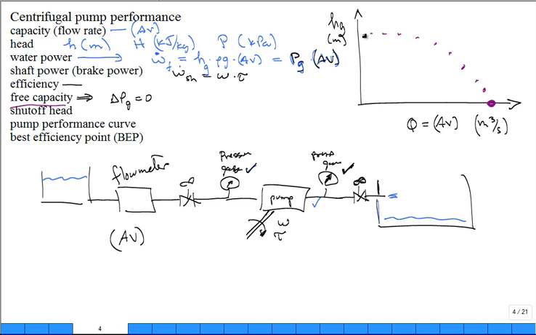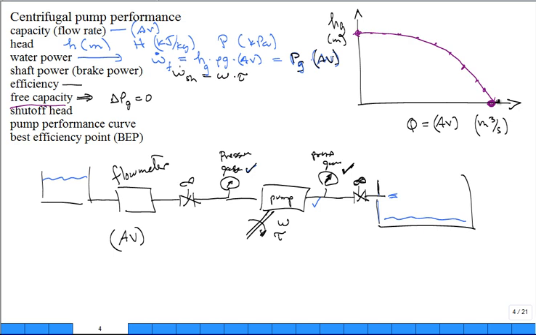And you know what? These are kind of boring plots, but that's what they look like. They just kind of go here, flat, kneel off, and kick down. That's your pump characteristic curve. So for that pump running with the motor driving it at a constant RPM, that's how it would behave.